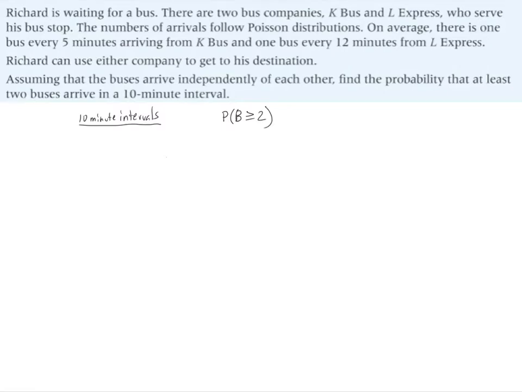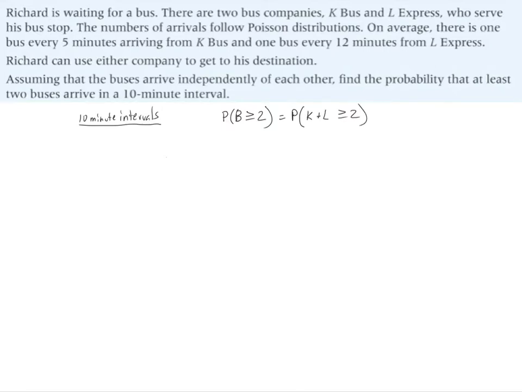All right. Now the total number of buses, of course, is, and this is where this idea of the combining and algebraic manipulation come in, the number of K buses plus the number of L buses.